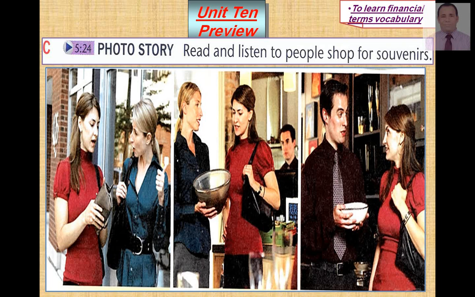So, how many persons are there in each picture? In the first picture, for example, we have two ladies, or two women, and also the same women, but in the last, in addition to these, a man. And in the last picture, we have a man and a woman, and they are discussing the price of something.